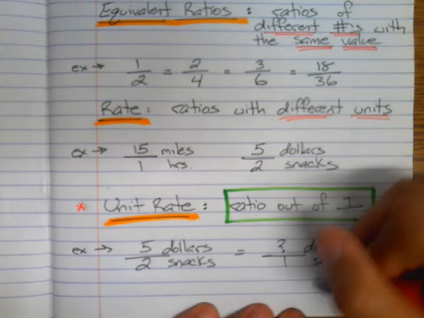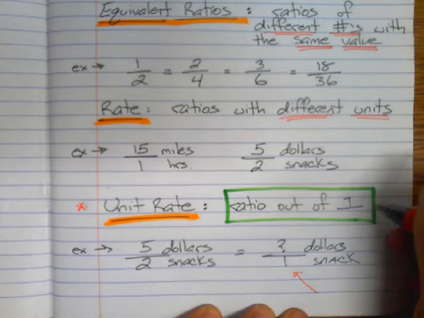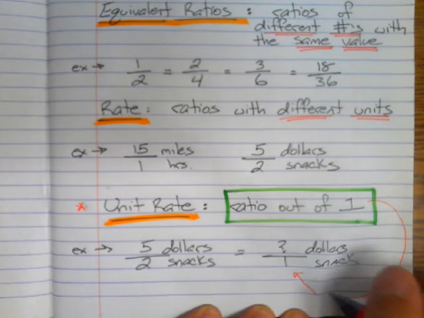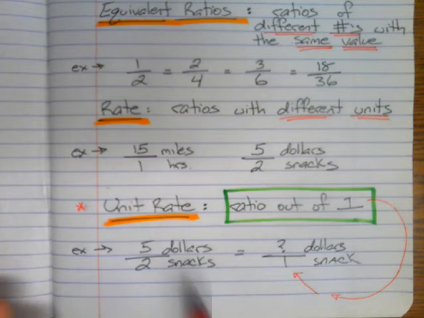This right here, that 1, is what we're talking about here. It's out of 1. Out of 1 snack in this case. Now, this division sign, or this fraction sign, means to divide.